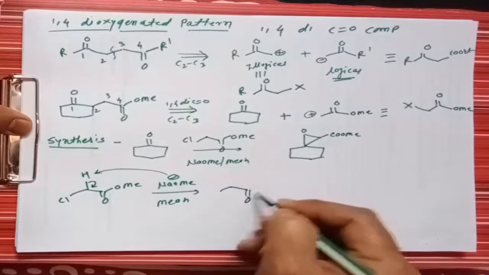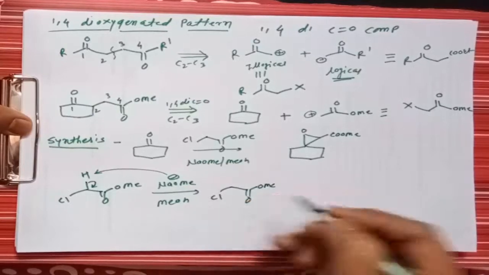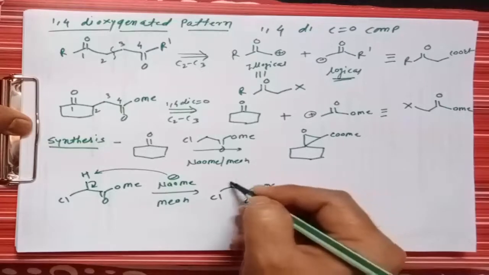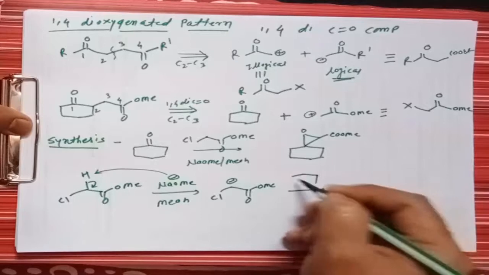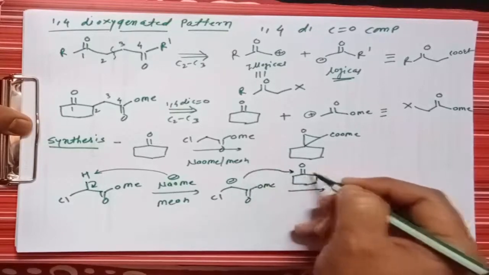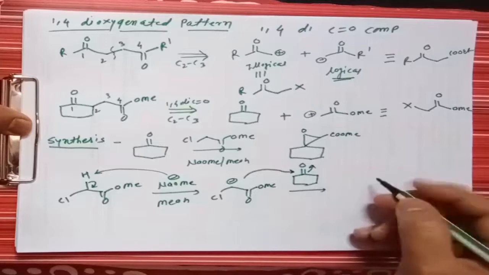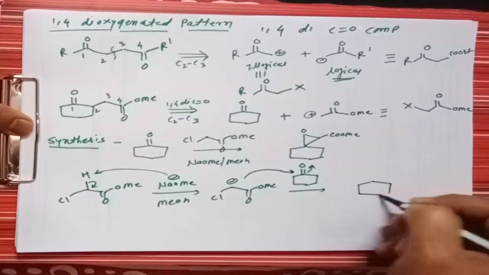So instead of getting the carbocation, it gives such type of negative charge here, right? And this negative charge will attack the cyclohexanone at this position, and it gives formation of a molecule like this.